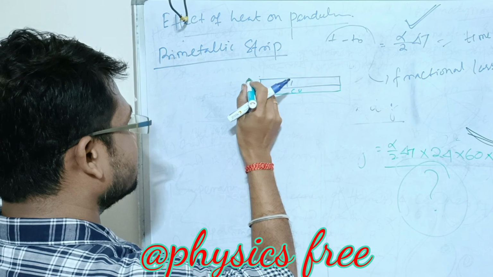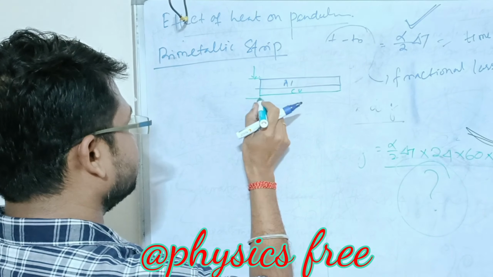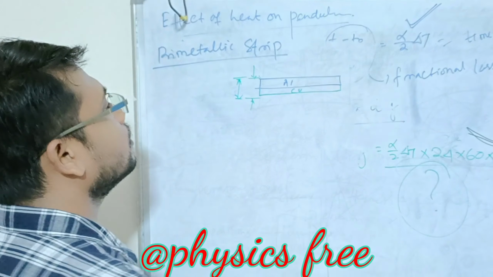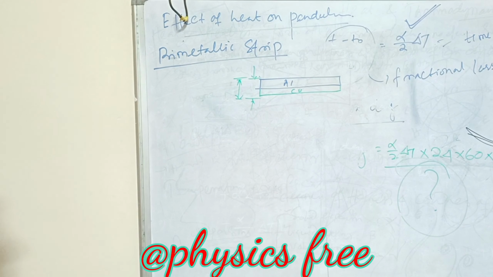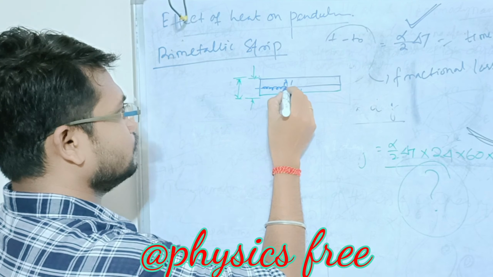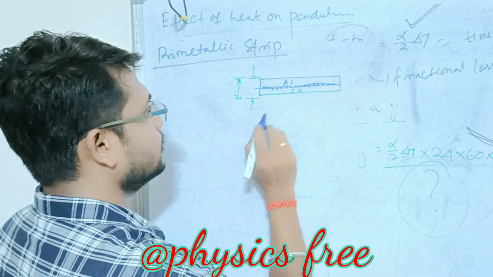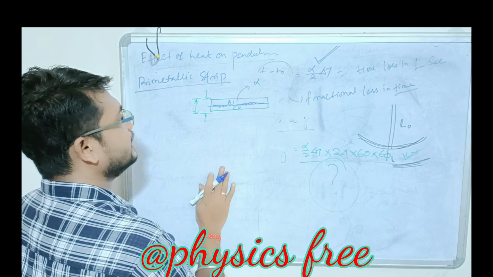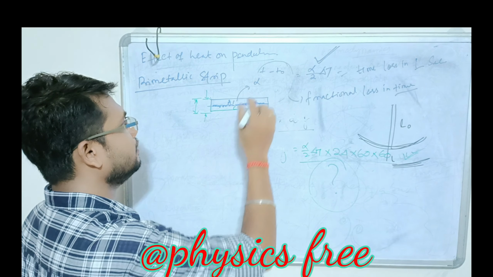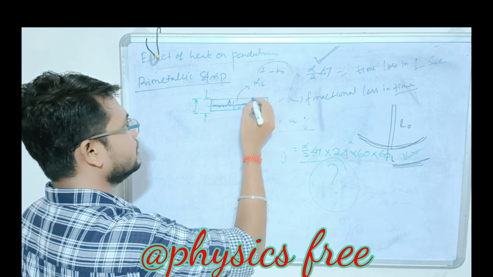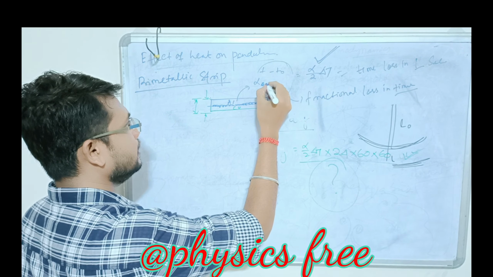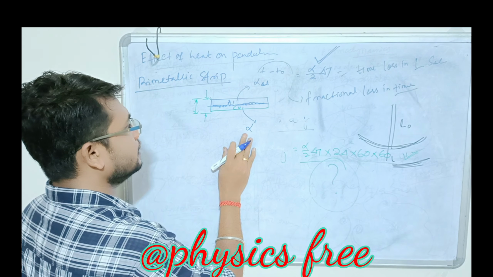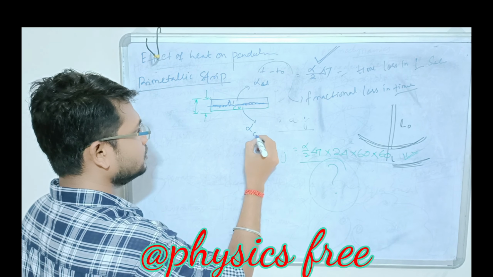Both the metals are very strongly combined or riveted. So in case of aluminum, the coefficient of linear expansion is alpha Al, and the coefficient of linear expansion in case of copper is alpha Cu.